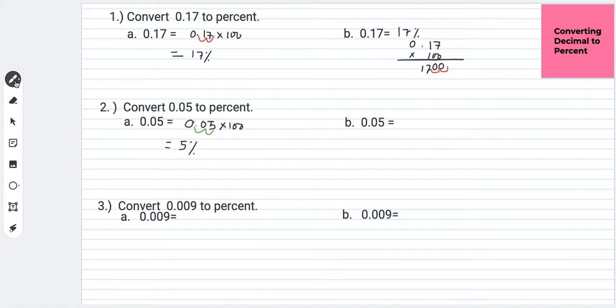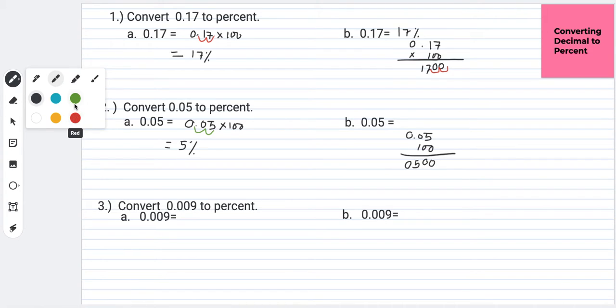Then in letter B, we copy 0.05, multiply this one by 100, and count the number of zeros in 100. We have 1, 2, copy the zeros here, multiply 1 and 5. 1 times 5 is 5, 1 times 0 is 0, and we have to count the number of decimal points that we have multiplied.